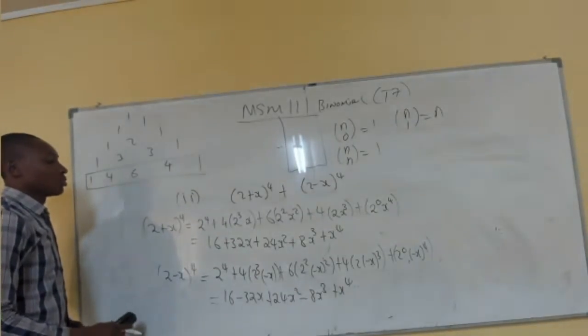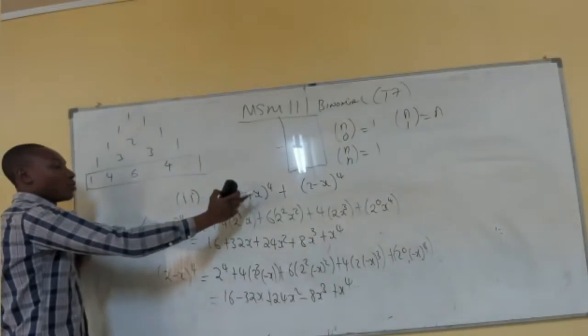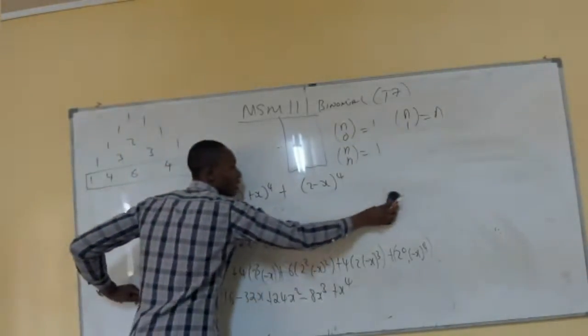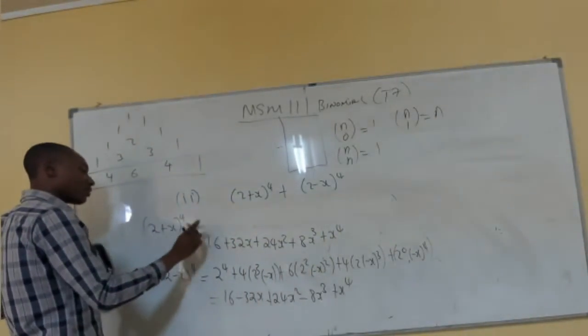So for starters, we know that 2 plus x to the power 4 is this. So let's erase that.